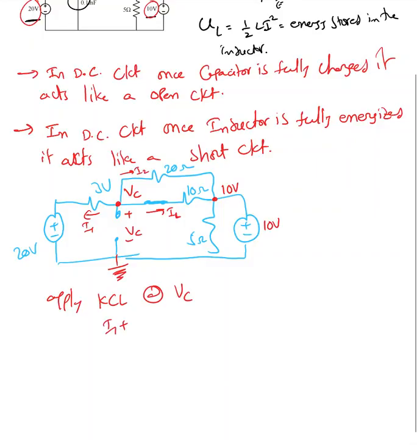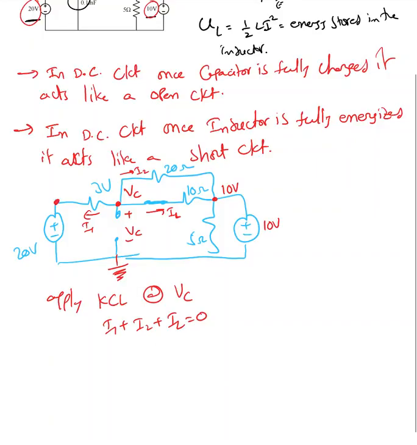So I1 plus I2 plus IL equals 0. Is it possible to have every current leaving that junction? No, for sure at least one current is coming in. So once you calculate I1, I2 and IL, one of the currents is going to be negative. Most probably I1 is going to be negative because I have a voltage source there.